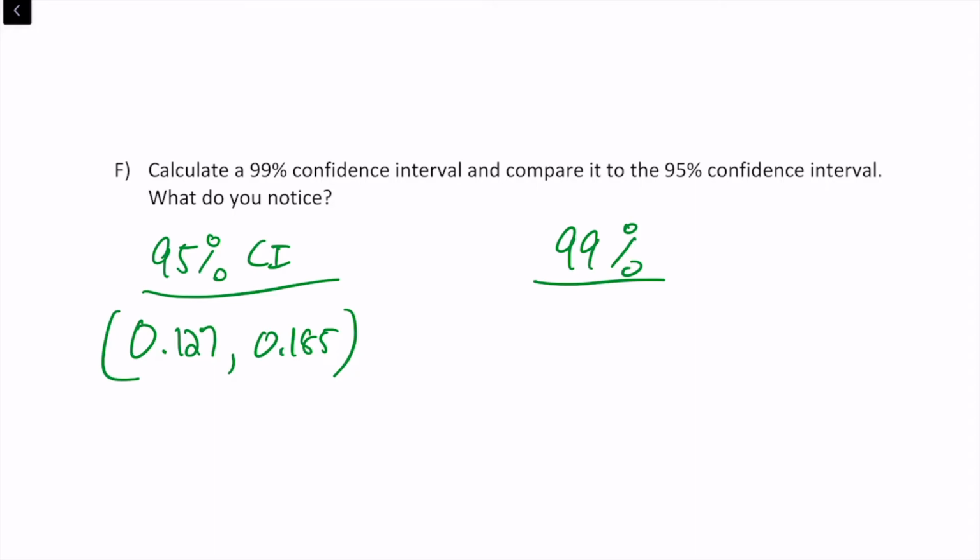But if you want to do this by hand, let me give you your critical z-score. Your critical z-score should be, try using a 2.55. All right, so try using that and see if you can get something similar to what we're going to calculate. Now, you'll be a little bit off. It'll be a little different because of rounding, but you should be close. But for everyone else that wants to use StatCrunch, remember our X value was 91, our N was 582. And by X, I mean the number of successes.